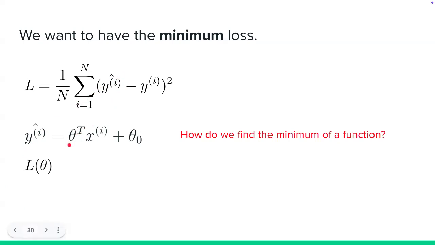In math class, usually we have a function of x, but now we don't, because we already have x. X is all of our data points. We have a function of theta. We want to find the weights.